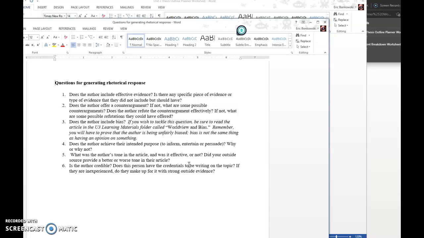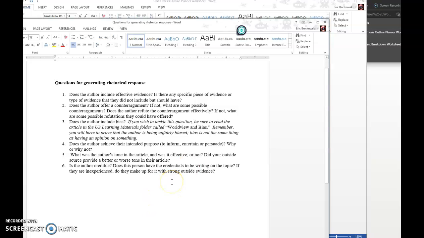The word choices were easy to understand. The evidence was easy to understand. The article was short enough to read in a span of time that you could take in the information, as opposed to my outside source, which actually had a tone that wouldn't work for a lot of modern audiences. It was really only for academics. So it wasn't as informative to the larger public of parents. That's an example of something you could do.